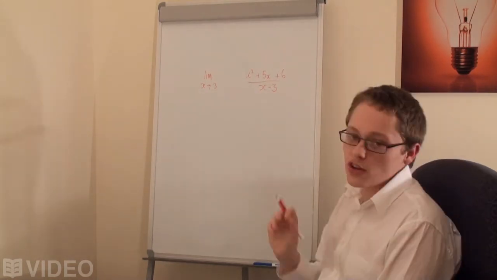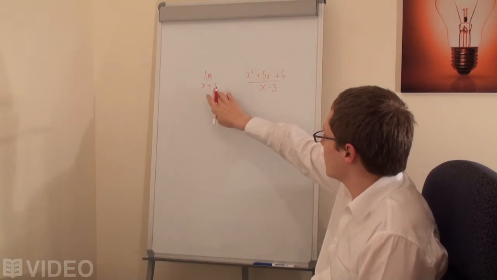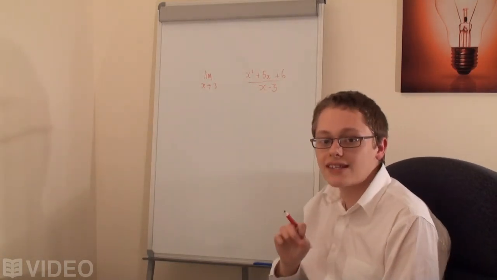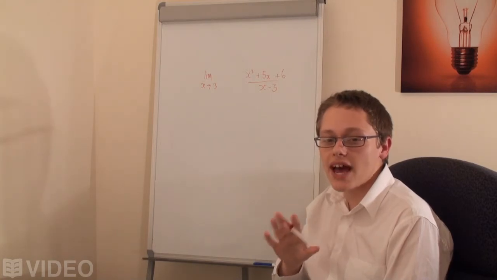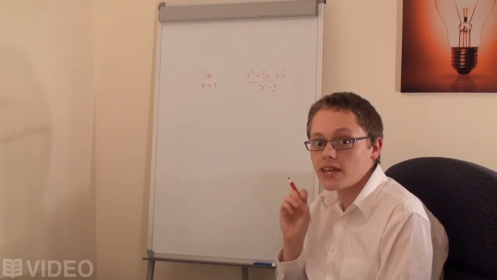Right off, we know we have a problem, because if we substitute in 3 for x, we're going to end up with 3 take 3. The good thing is, there's a simple solution to find out what's happening to the function before we hit 3.